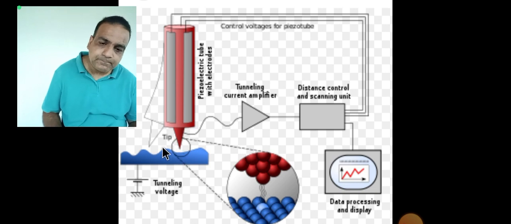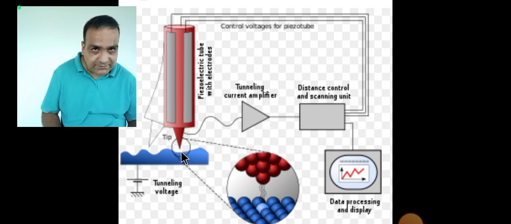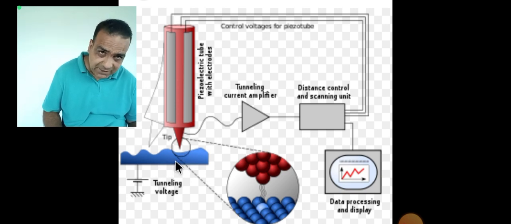Now, the feedback. The current is flowing between the probe and the surface of the sample. This tunneling current that has been produced is measured and used as a feedback system to control the tip sample distance.